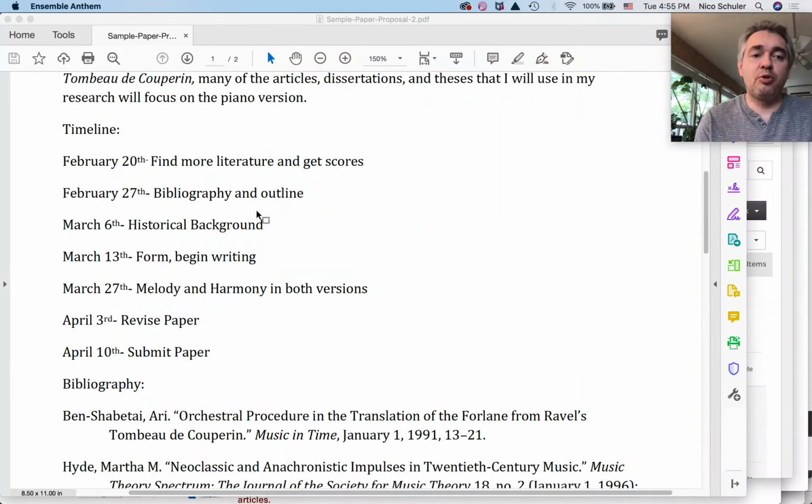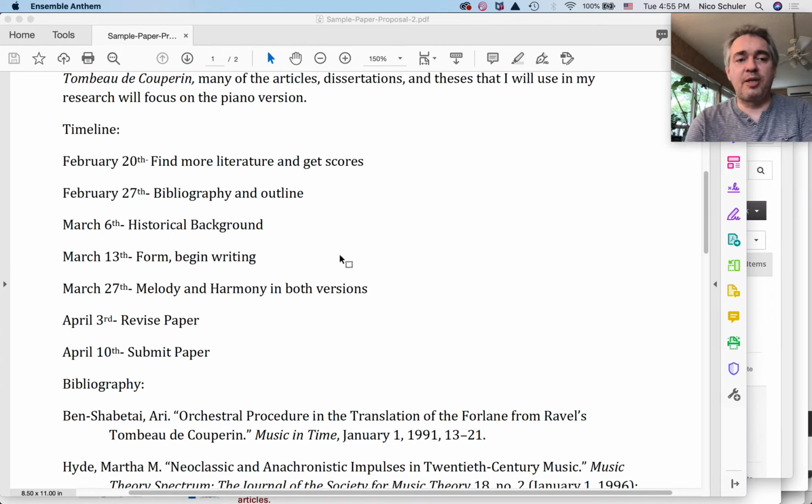then a good proposal will also contain a timeline. If this is just an exercise for you to write a proposal without actually writing the paper, you can make up a timeline of what could potentially be a timeline.